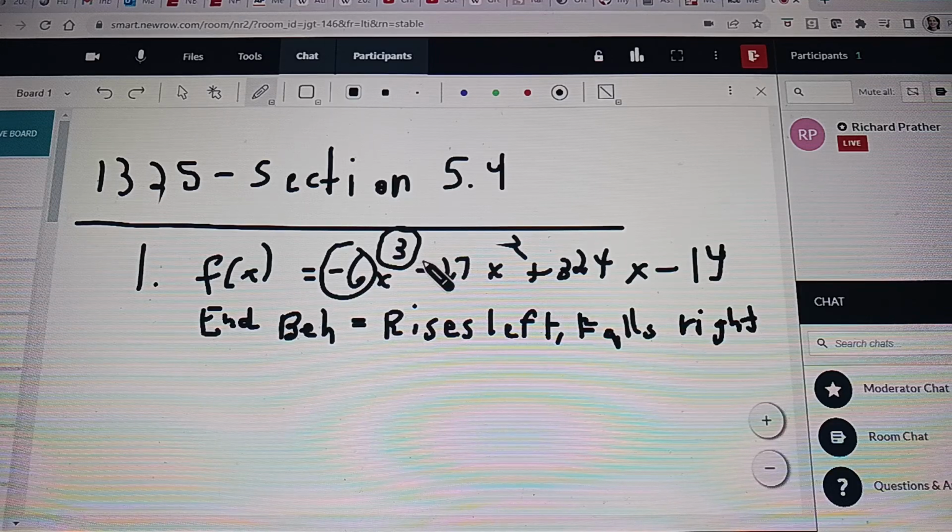Because a positive odd does the opposite of this. The positive odd is falling on the left and rising on the right. So when you get a negative, it's just reversed.